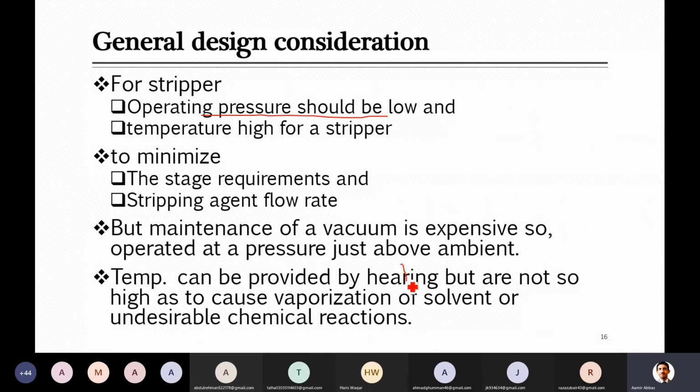Heating should not be so high that it vaporizes the solvent, because you will lose your liquid and have to make it up. Heating can be provided with the help of steam or some other steam inside the plant, but it is not such high heating that it vaporizes your liquid, while still favoring the stripping.